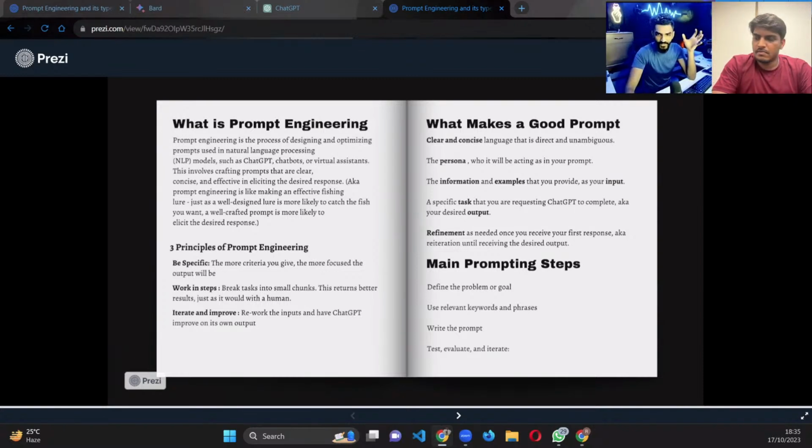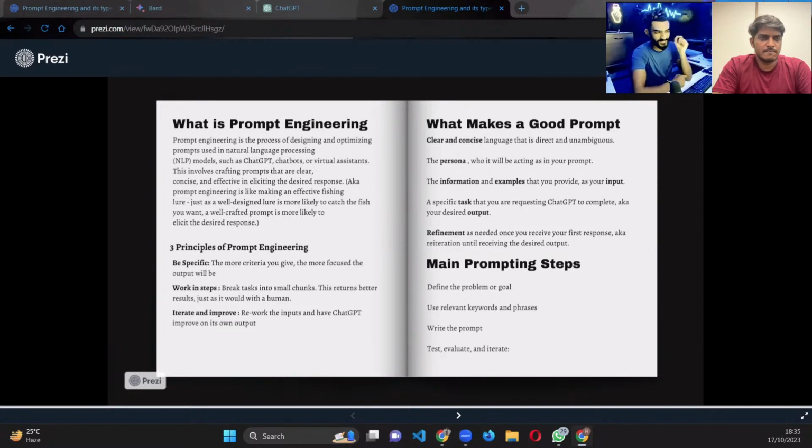Okay, so let's now go deep and start with what exactly prompt engineering is. Yesterday we saw how prompt engineering is helping us make our life easier. So let's understand exactly what prompt engineering is.